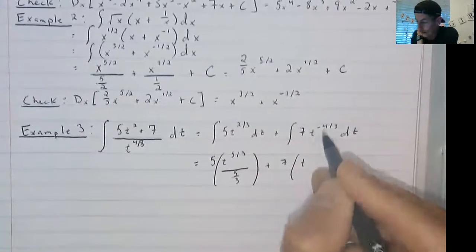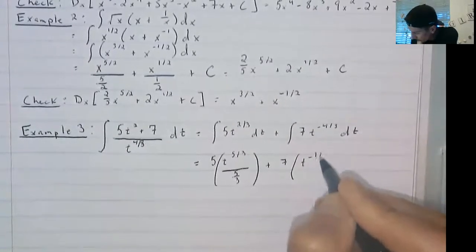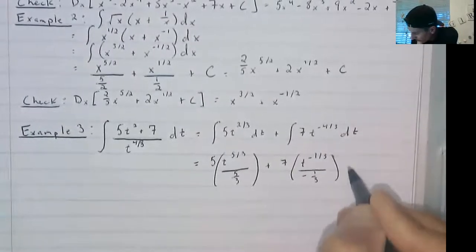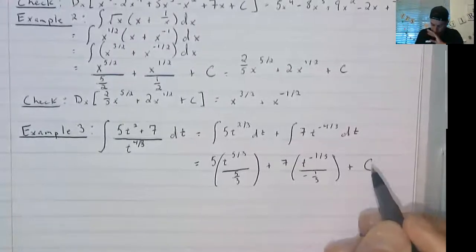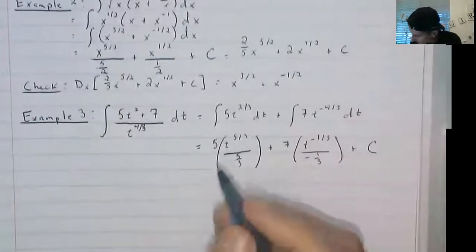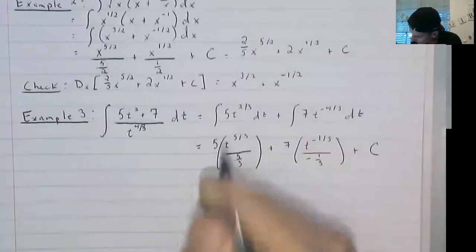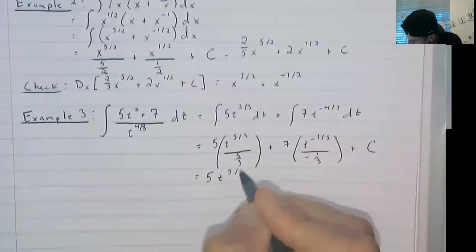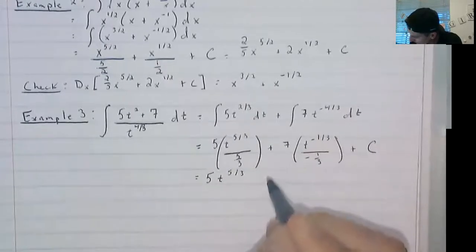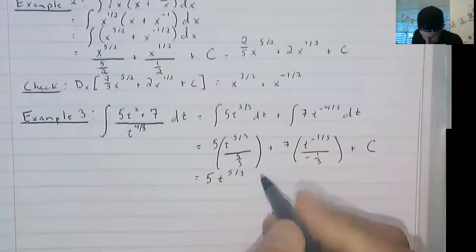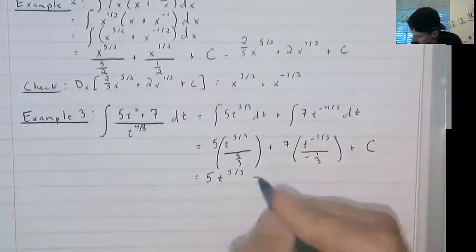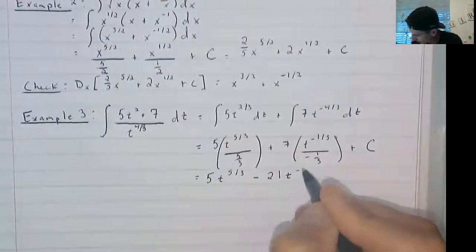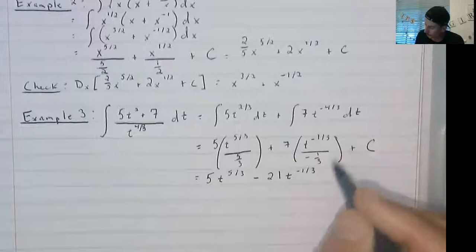We'll add 1 to -4/3, which will give us t to the -1/3 over -1/3, all plus c. And then cleaning this up a little bit, this turns into 5 t to the 5/3. Yuck. What are we going to call this? Let's call this minus 21 t to the -1/3 plus c.